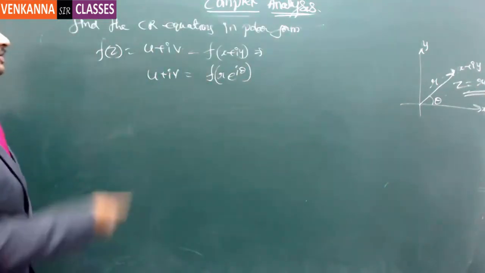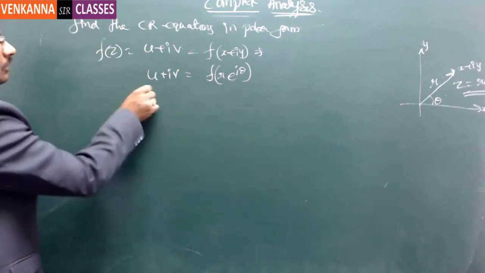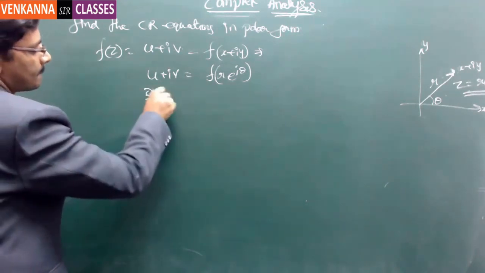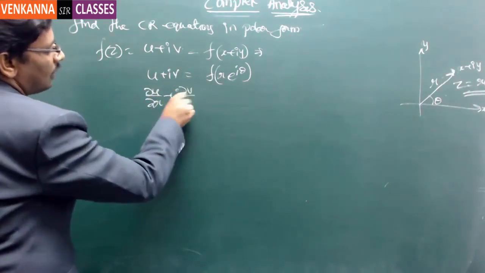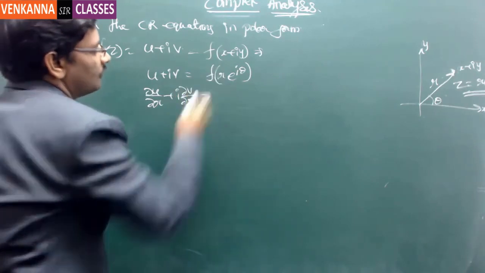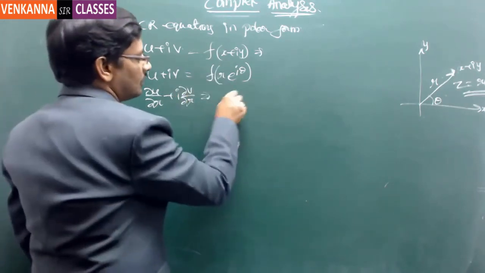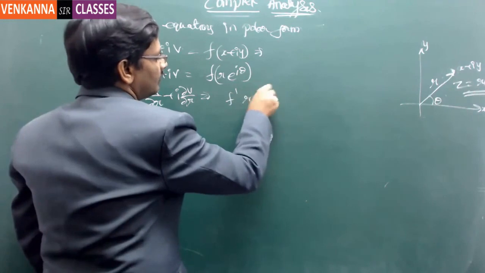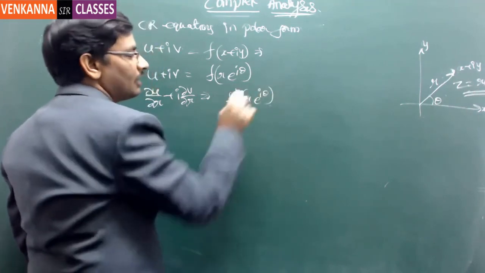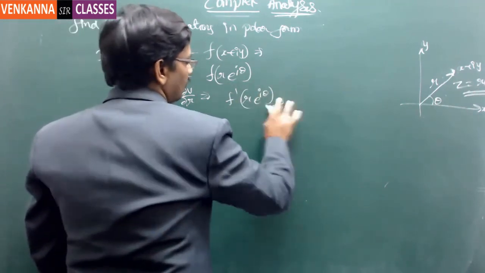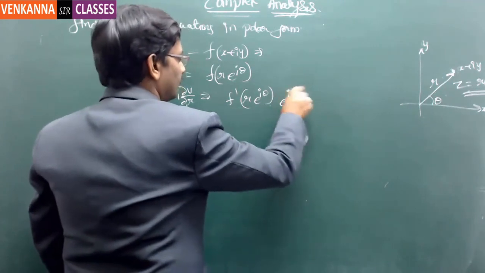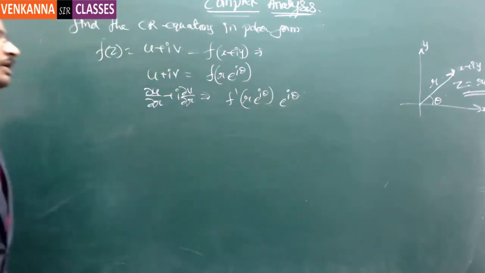Now from this equation, if you take the derivative with respect to r, ∂u/∂r plus i times ∂v/∂r is equal to, with respect to r we are doing the derivative, f dash of r into e power i theta and then the derivative of the inside function with respect to r, which is e power i theta. This is one case.